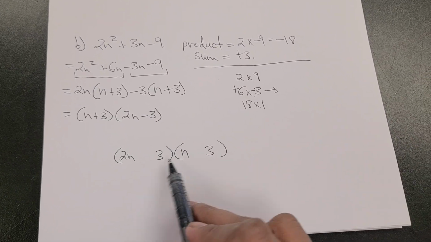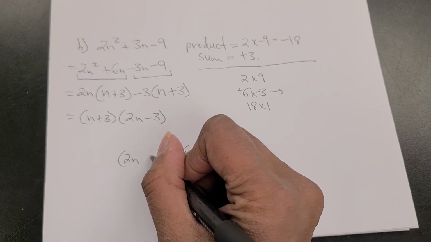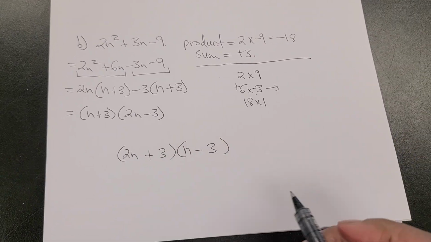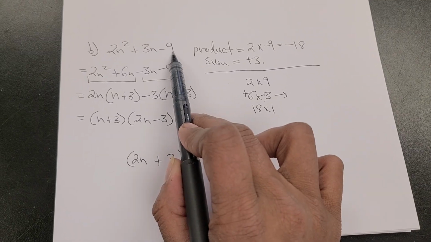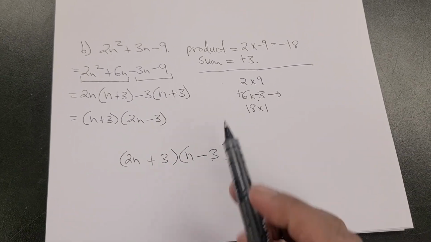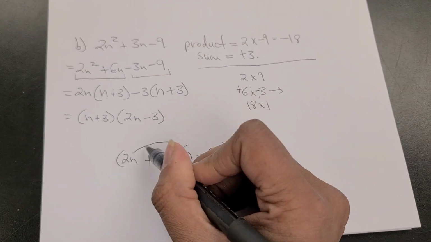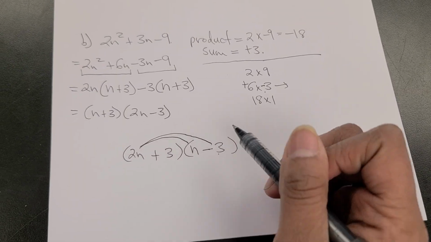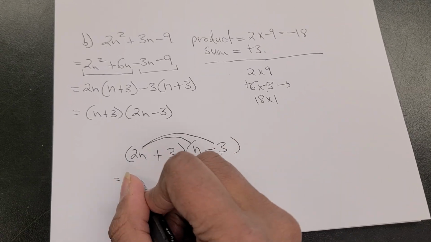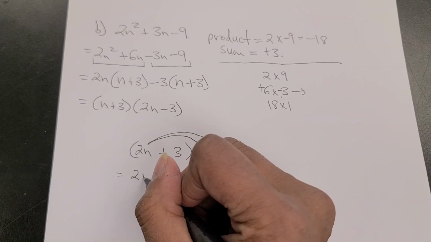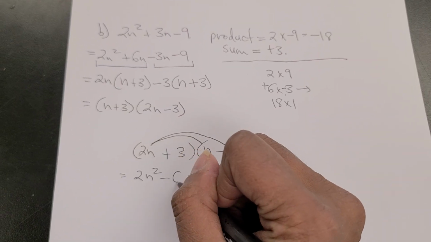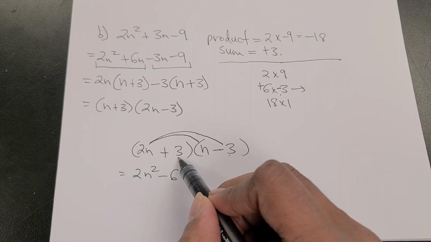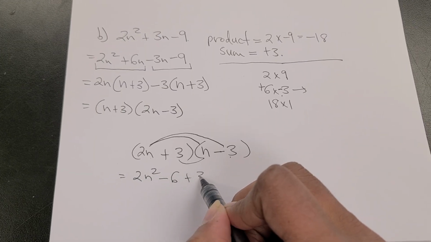Now basically, if you weren't sure about the signs, let's just make this positive and negative. I know one of the brackets has to be negative. That's the only way I can make negative 9 as a product. But then let's open up the bracket so you can see. 2n times n is 2n squared. 2n times negative 3 is negative 6n. 3 times n, positive 3n.